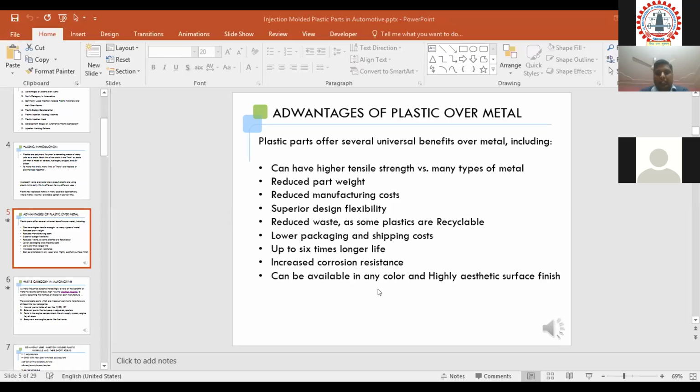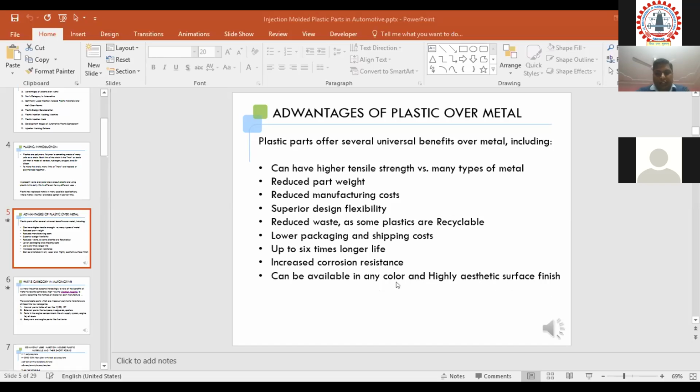If you have seen the interior parts of automotives, like instrument panels and door trims, all of those have a different type of surface finish, like graining. Some are leather finish, some are pointed finish.